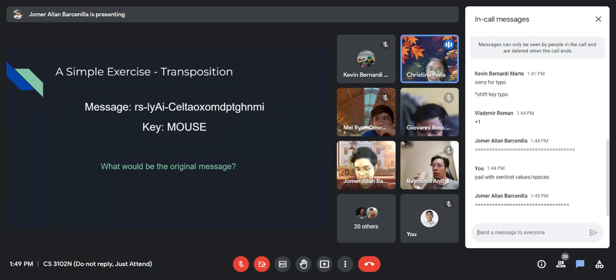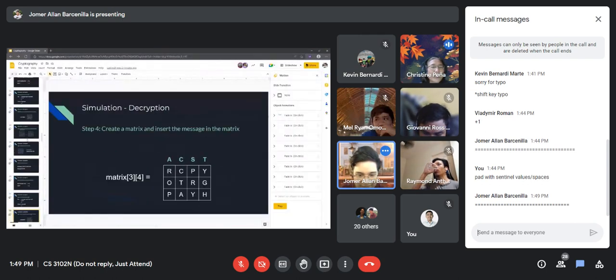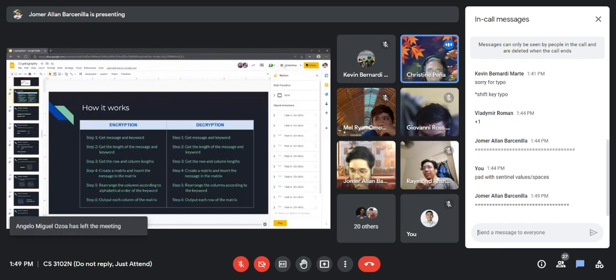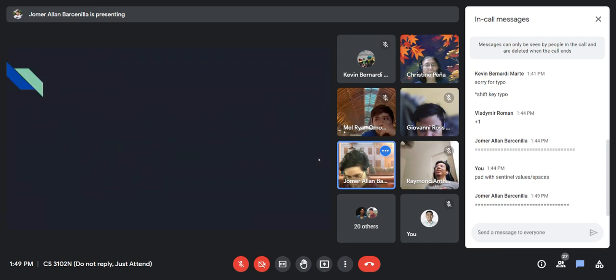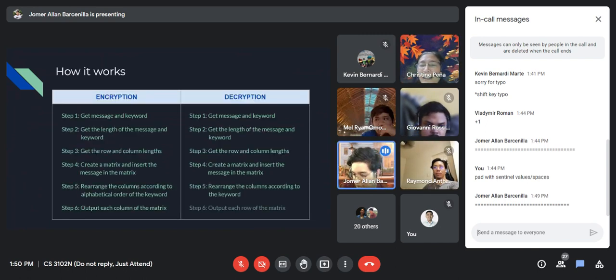Okay, just the steps that you listed. You can just screenshot the decryption part.